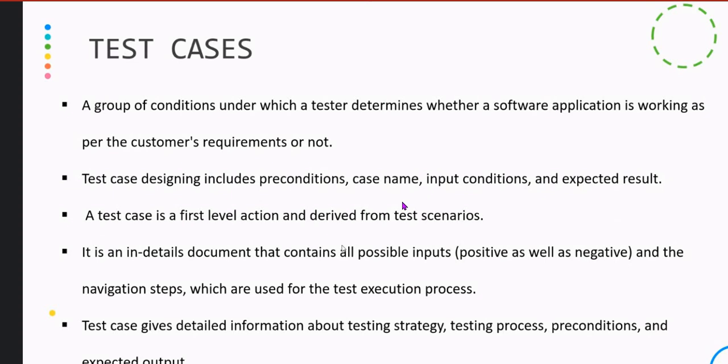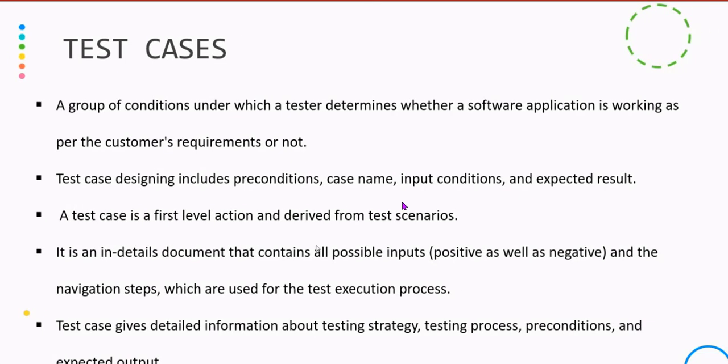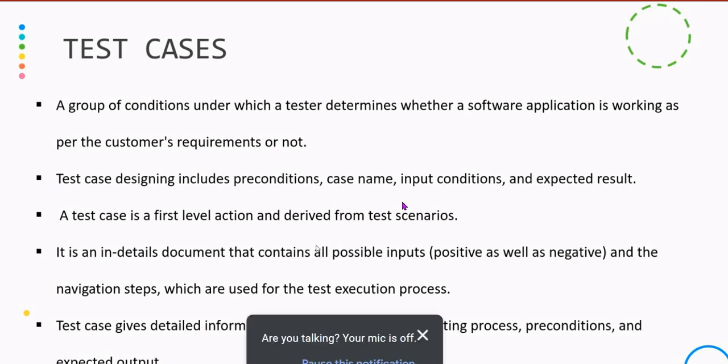A test case is a first-level action derived from the test scenario, and it is also an in-detail document that contains all the possible inputs and negative steps, which are also used in the test execution process. Test cases give detailed information about the testing strategy, testing process, preconditions, and expected output.